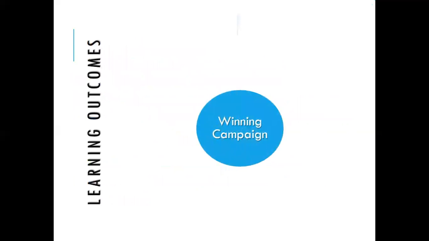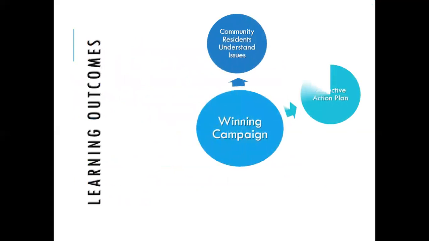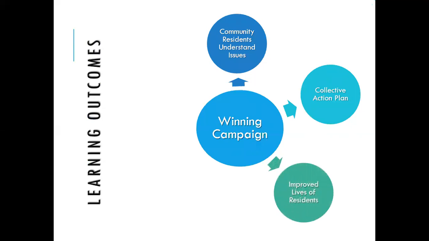And learning outcomes, what comes out of this module when we have a winning campaign, what really happens in our communities. Community residents hopefully will have a lot better understanding of the issues that they're facing, and they'll be aware. A collective action plan will be in place to make change, and people will be inspired to get involved.